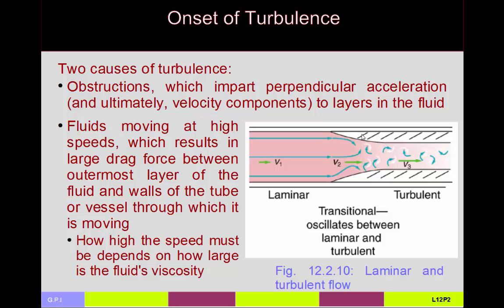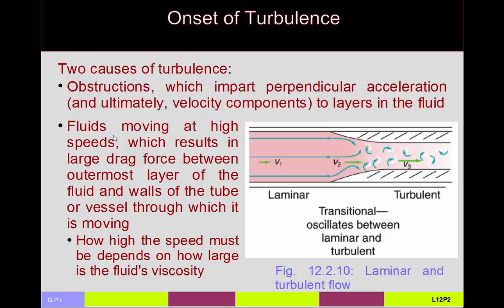And so there's going to be some perpendicular velocity components imparted to this fluid. Whereas it may initially have been flowing as a nice laminar flow, when it hits this obstruction, these top layers end up kind of turning down into the middle layers and you start getting mixing.